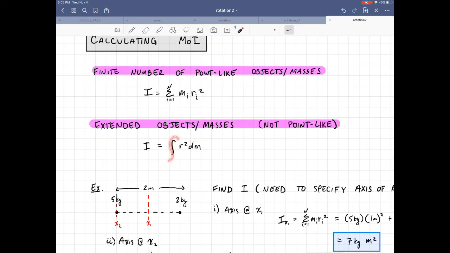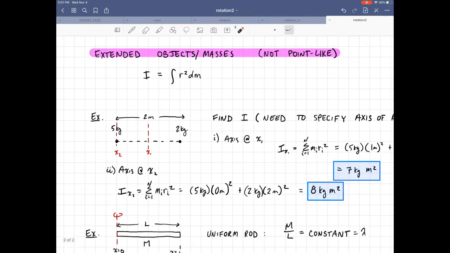You need to evaluate the integral of r squared dm, where dm is the infinitesimal chunk of mass, and you need to add up all of the chunks of mass multiplied by how far away those chunks of mass are from the rotation axis that you've identified. So let's look at an example here to show how to do this for the finite collection, and then also how to do the integral.